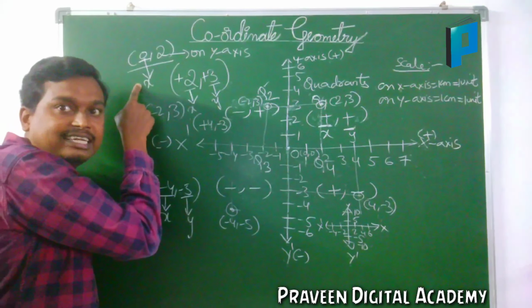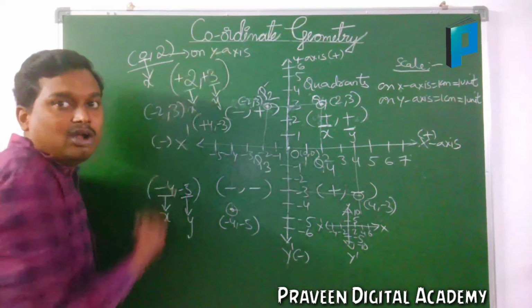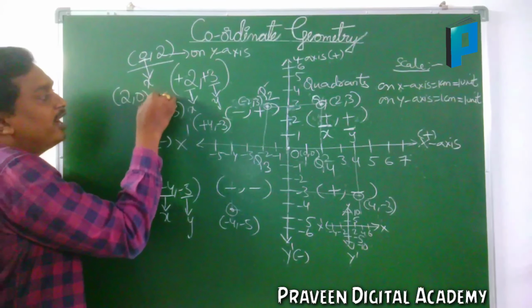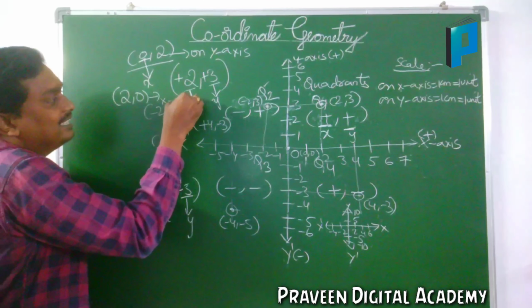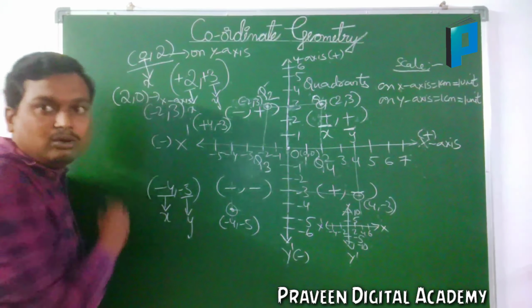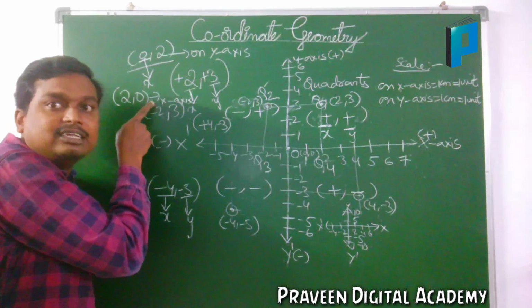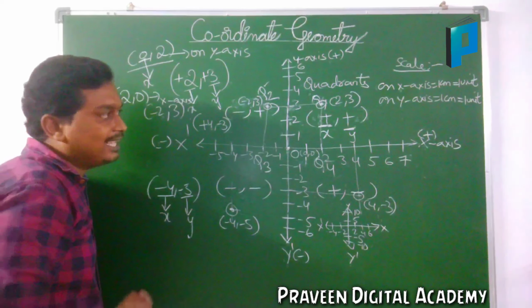If x coordinate is 0, the point lies on the y axis. If y coordinate is 0, the point lies on the x axis. Here 2, 0, the y coordinate is 0. If y coordinate is 0, the point lies on the x axis.